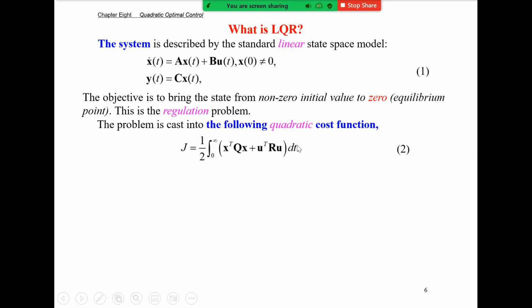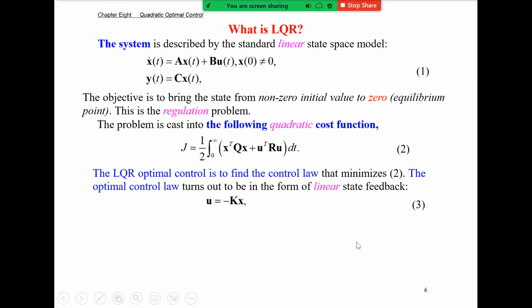So x will go to 0, and then we ask how fast we want x to go to 0 and at what cost. Here is the term which will penalize the input signal. If the input is big, then this cost function may also be big. Given Q and R, we try to find a control law that will minimize this cost function.